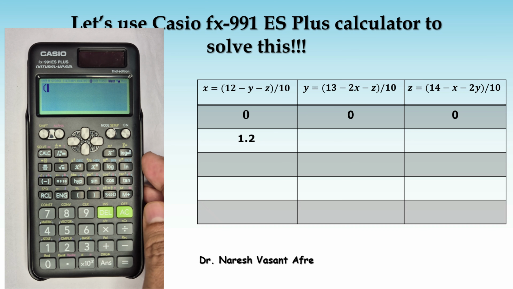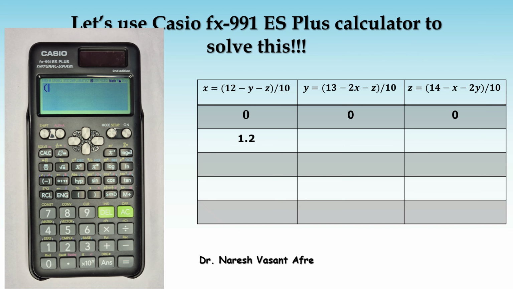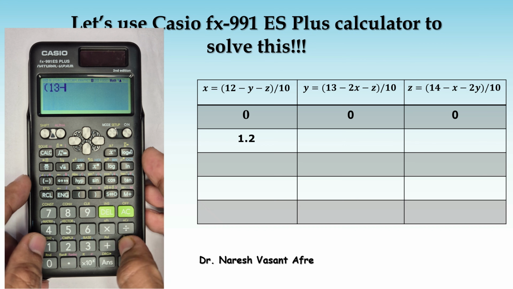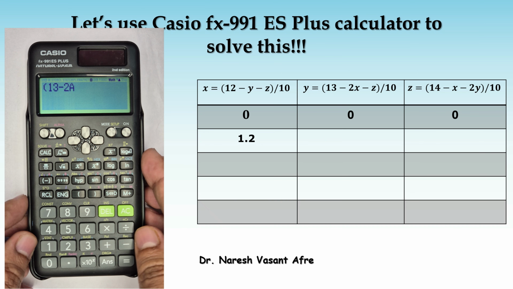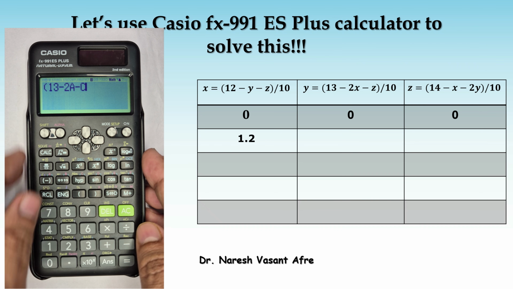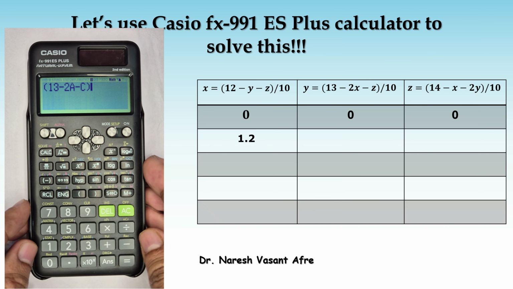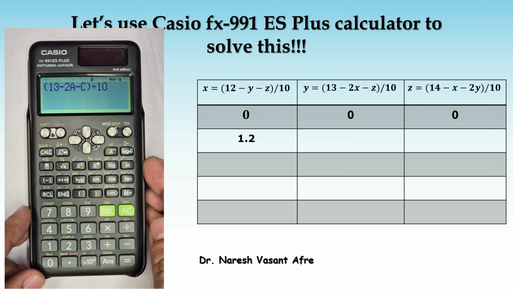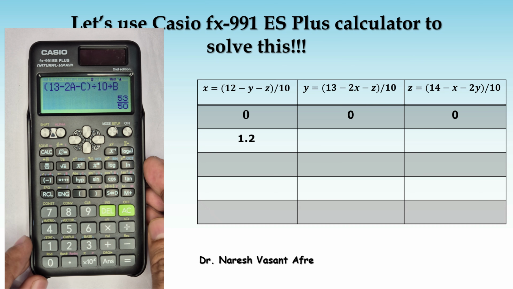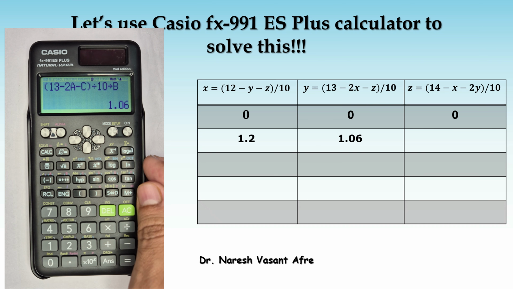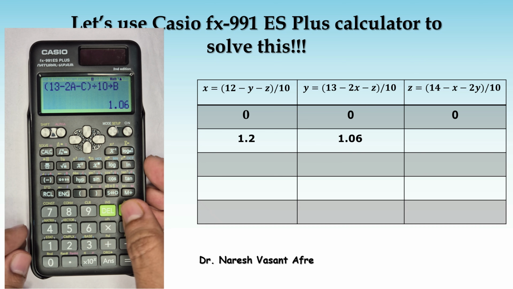Next we type the formula of y, that is open bracket 13 minus 2x, but that is going to be 2 alpha a, minus z, but the value of z is stored in c, alpha c. Closing the bracket, dividing this by 10, we can directly store this in variable b. Why b? Because this value has to be stored in y, and the value is 1.06 and it is directly stored in b.